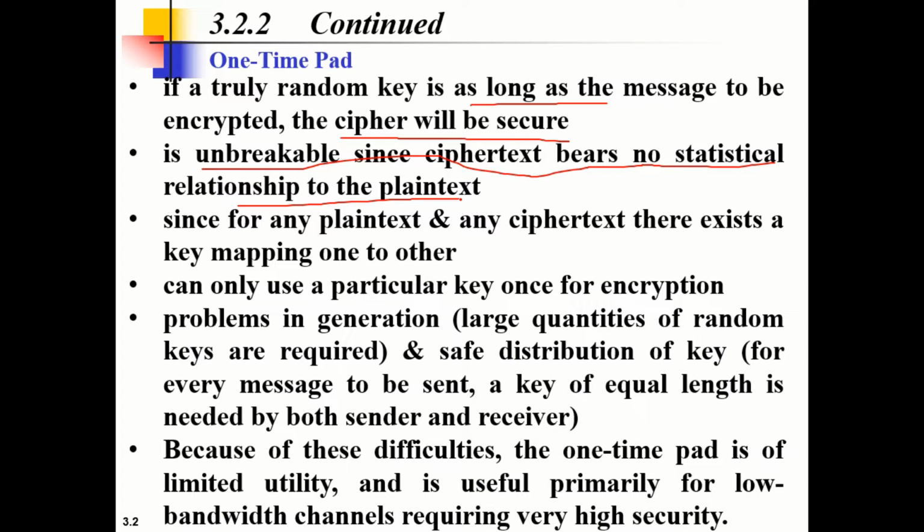Because in the techniques we have used so far, like monoalphabetic, we changed all the same characters in the same way, using the same key. But here in the one-time pad, we use a different key every time for each and every part of the plain text.